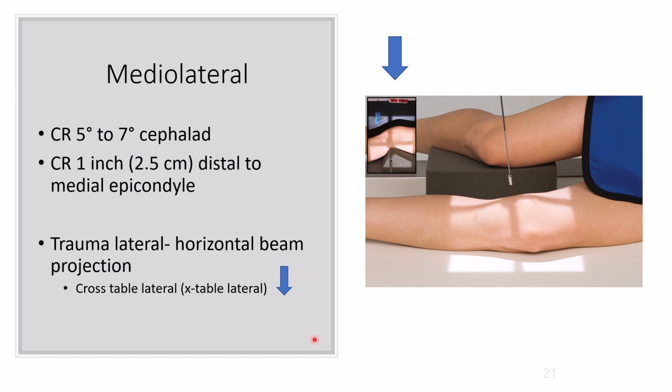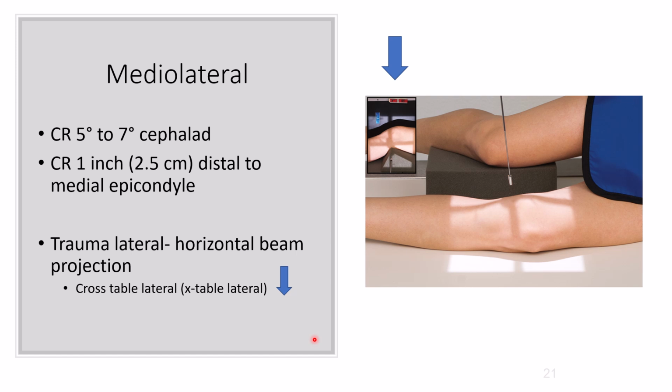You are angling 5 to 7 degrees cephalic for every single patient, because that is the only thing that will place the condyles superimposed over one another. Remember, the medial sits lower, and the degree of angulation between the medial and lateral condyle is 5 to 7 degrees. So by angling, that allows us to superimpose them perfectly.